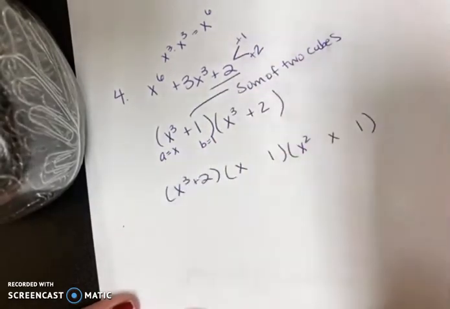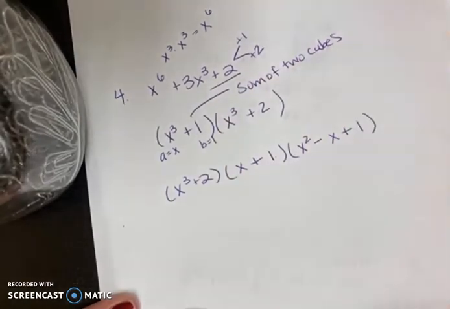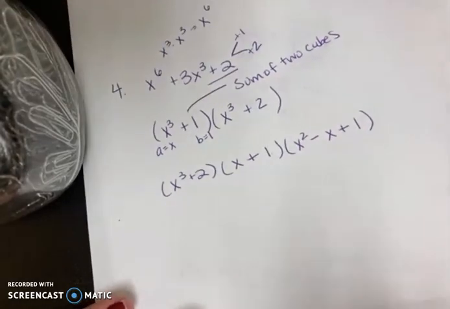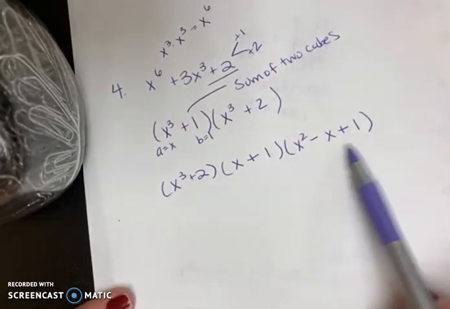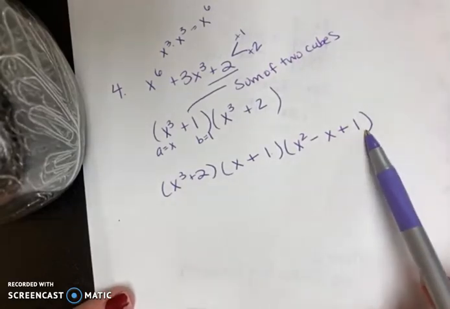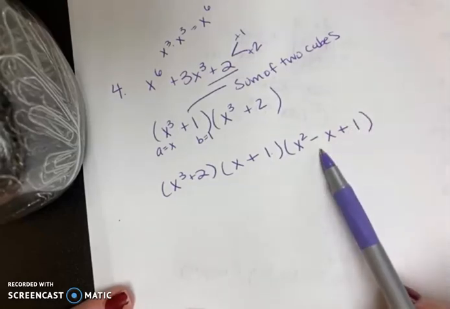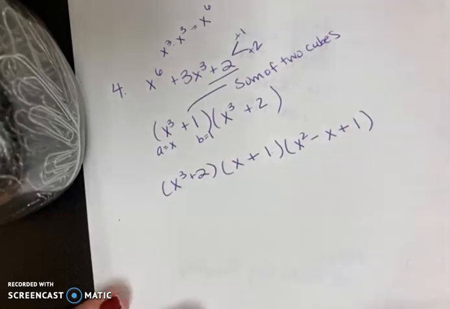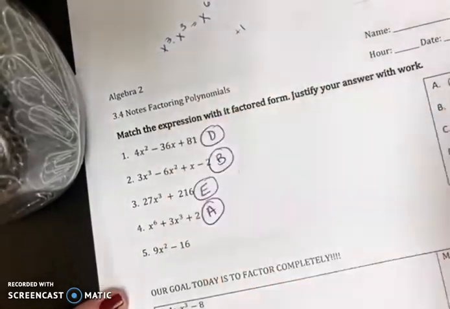Because it was the sum, I know that it is a plus, minus, plus. Again, if it was a difference, it would have been minus, plus, plus. Now we have factored it all the way. You could check and see here if we factored any further, but the factors of 1 are 1 and 1, and using same signs, there's no way I can get to a -1. So this is our final answer, and that corresponds to A.